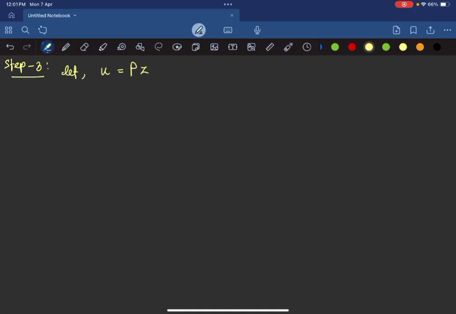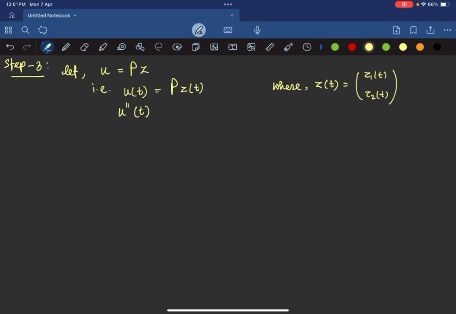If you apply this transformation in the given problem, in other words, u(t) will be transformed as P into z(t), where obviously z(t) is z1(t) and z2(t). Now from here, if you find u''(t), that is going to be P z''(t). P is a matrix which we already formulated.